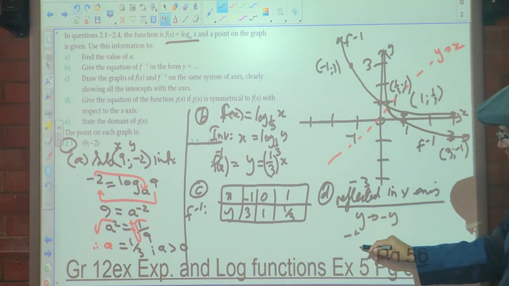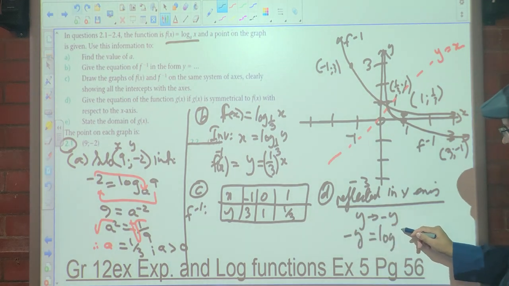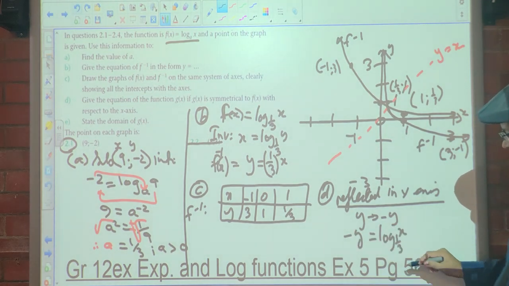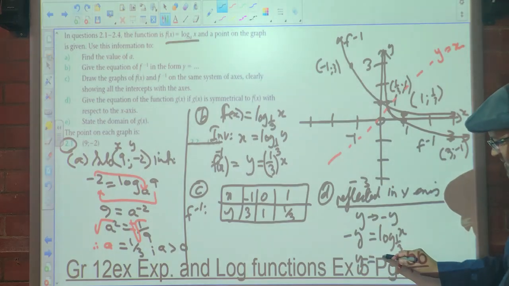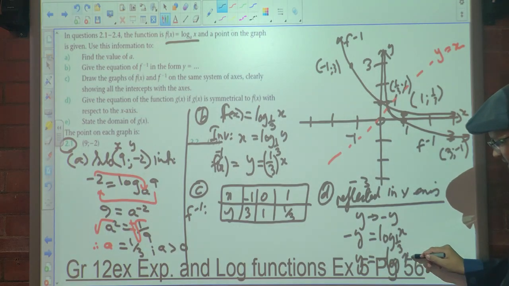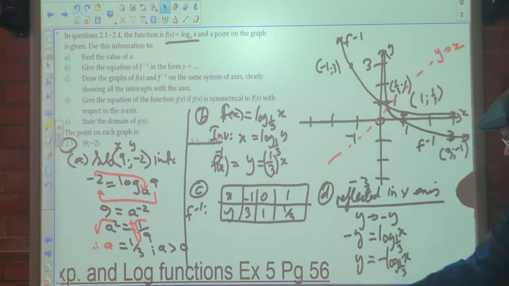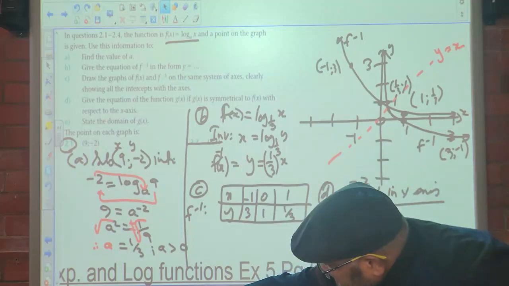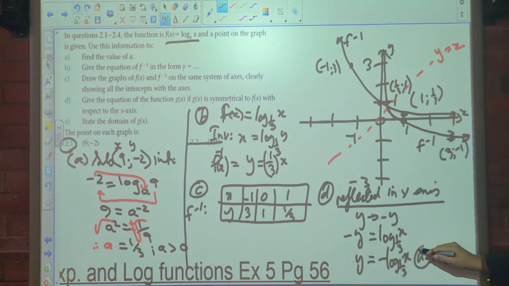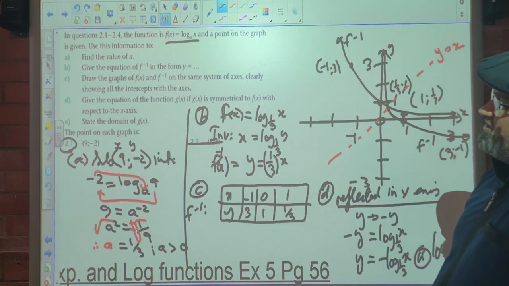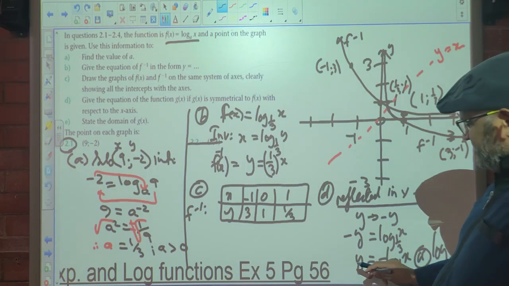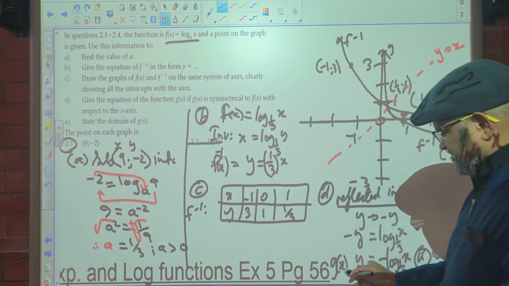So it's negative y is equal to log x base a third, which now can be written as y is equal to negative log x base a third. But negative log x base a third could also be written as what? Log x base 3. Okay. And that is the g of x.